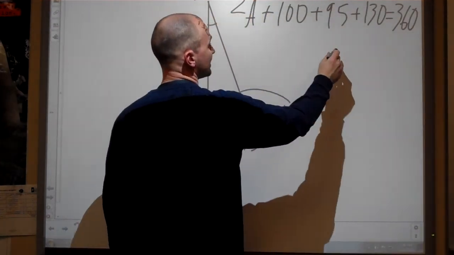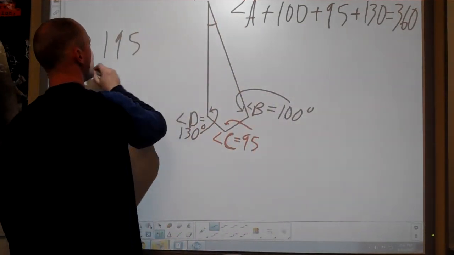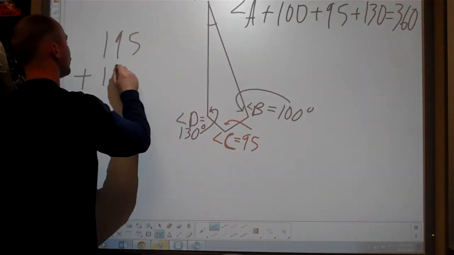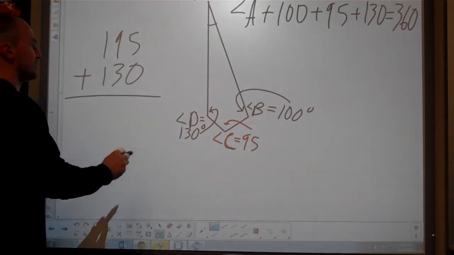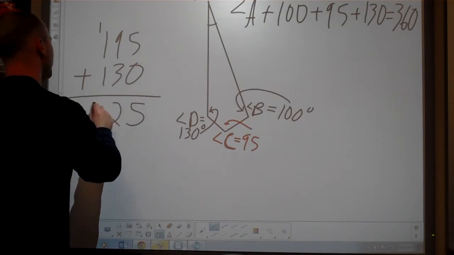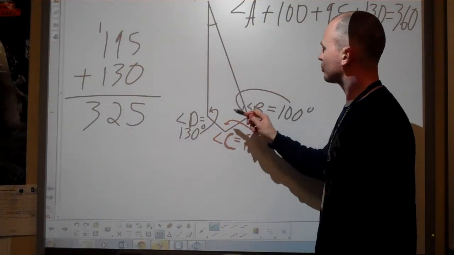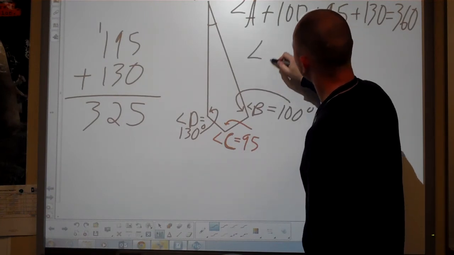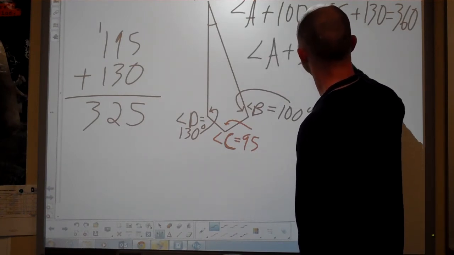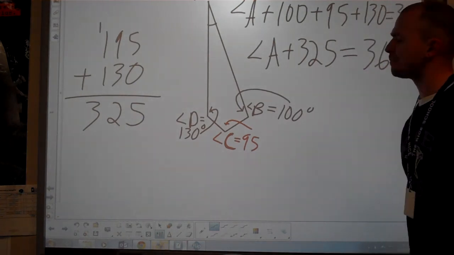So 100 plus 95, 195, 195 plus 130 brings me to 325. So the three of these angles add up to 325 degrees. So I have angle A plus 325 degrees equals 360 degrees.